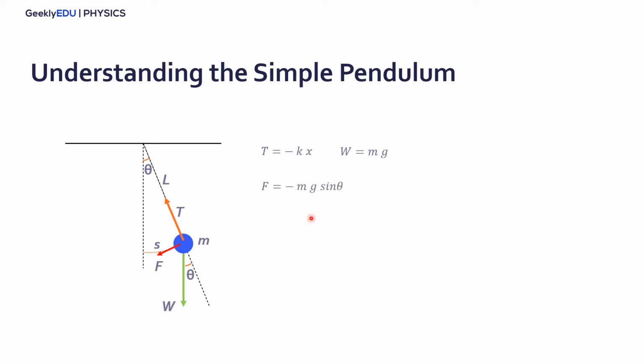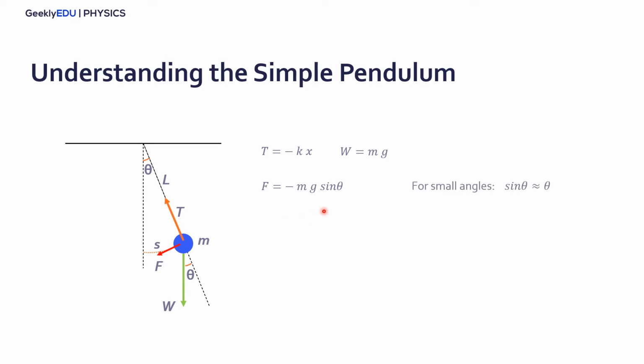Now the net force, we can take a look here and take the wire here as our reference, alright? So the force is actually a component of the weight. It's mg sine of this angle, the displacement, right?